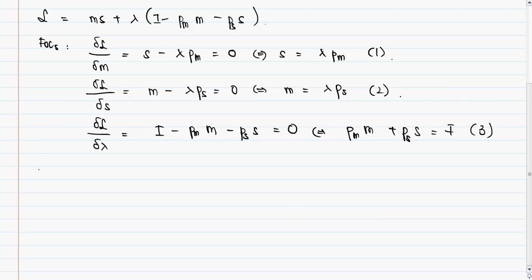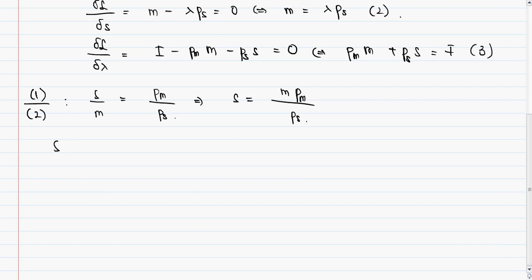Okay, so I'll try to solve for the values of s and m. So I'll take the first divided by the second. I will get s divided by m equal to pm on ps, and therefore s will be equal to m pm on ps.